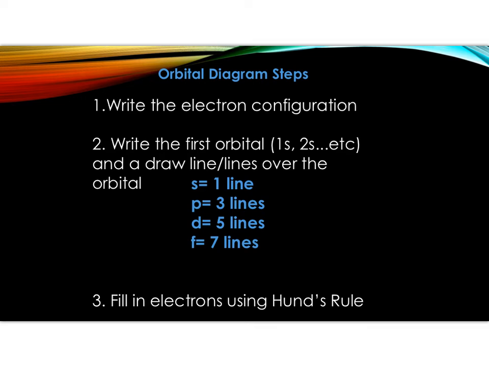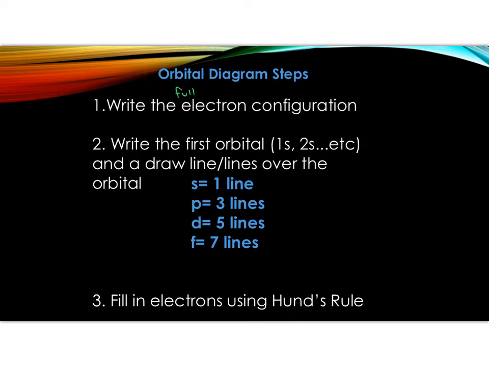So let's talk about the steps for drawing our orbital diagrams. The first thing is, you want to write the full electron configuration for the element. Next, you want to write the first orbital, whether it's 1s, 2s, etc. You want to draw a line over the orbital.